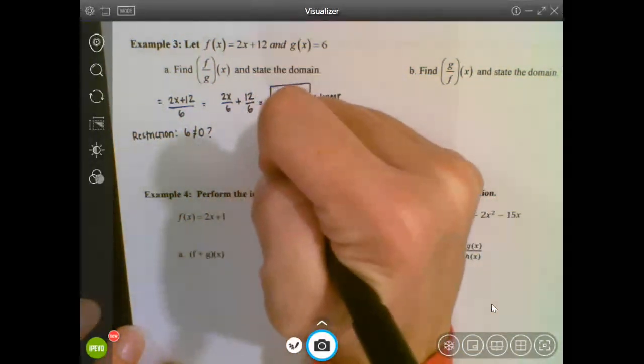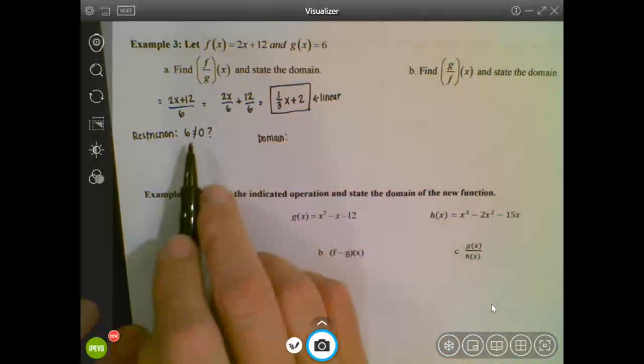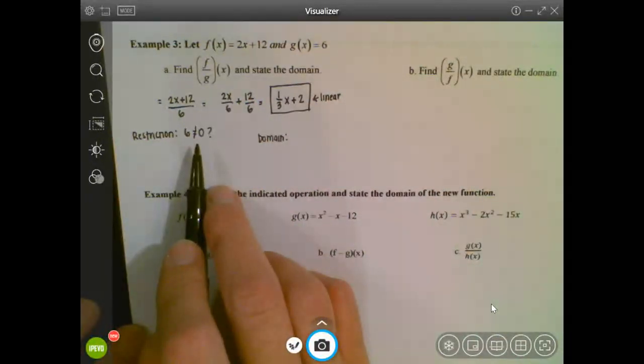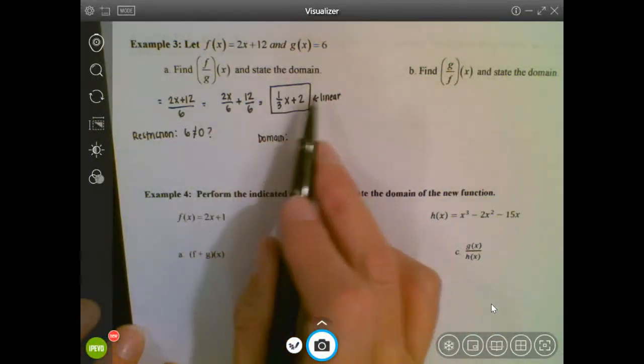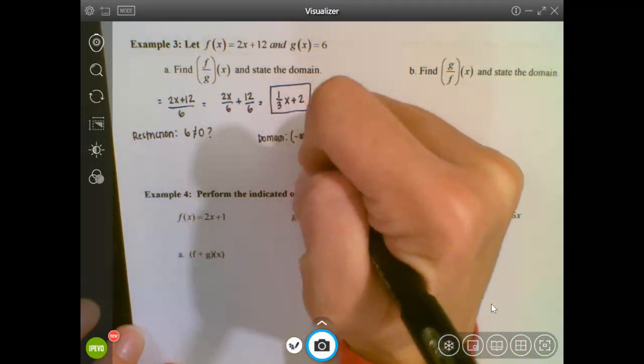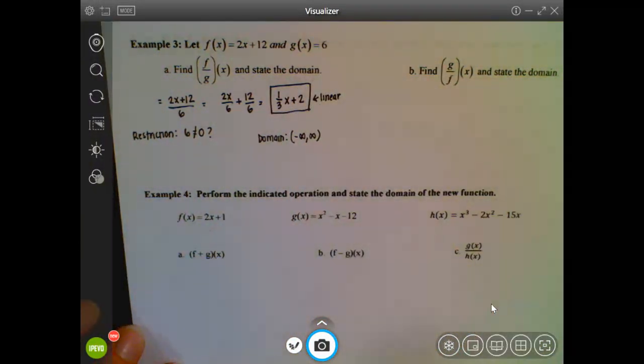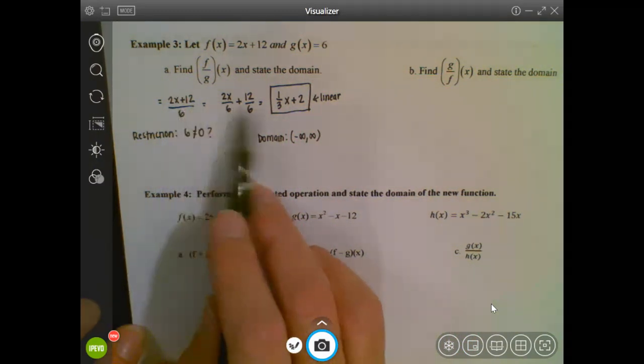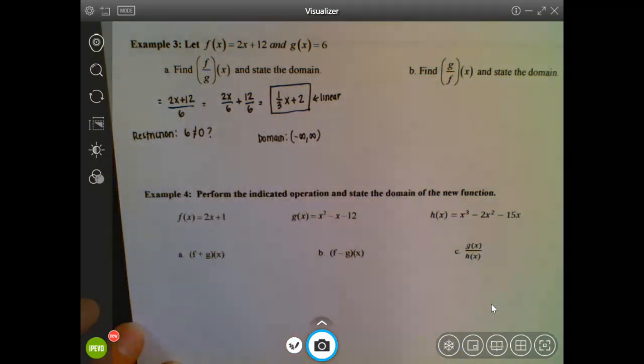So that's why this piece over here didn't make any sense. If I got 6 is equal to 0, that's because the domain probably has something else going on here. In this case, that just means that our function is linear because we were able to manipulate this a little bit and rewrite it a little bit differently. So our domain is actually all real numbers here because it just ends up being a linear function.